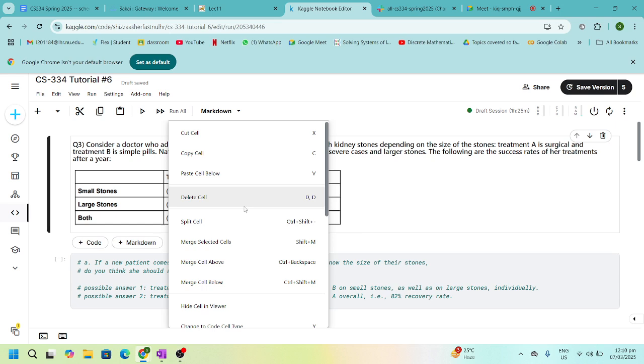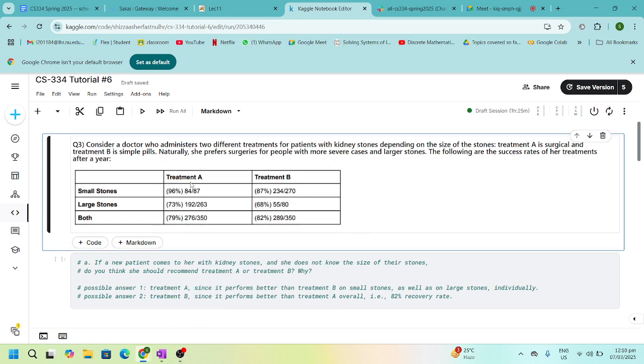So if you observe it right over here, you will see that treatment A has performed better for small stones. Actually, sorry, treatment A has performed better for small stones as well as for large stones. 96% as opposed to 87% for small stones and 73% as opposed to 68% for larger stones.